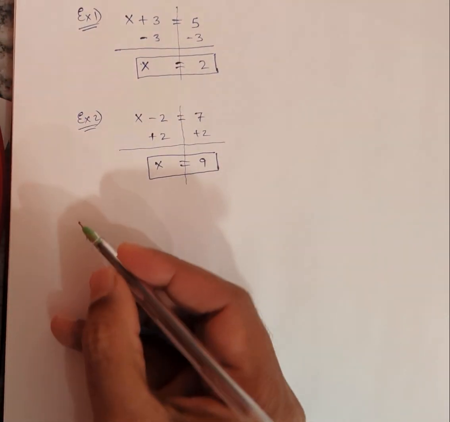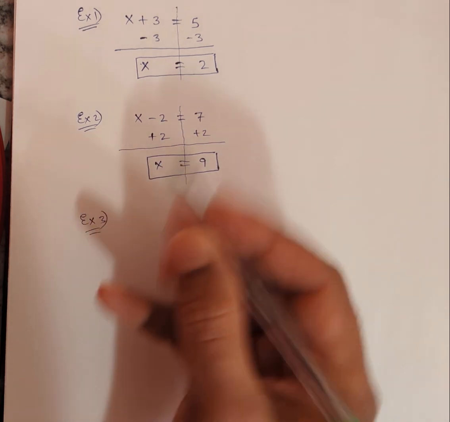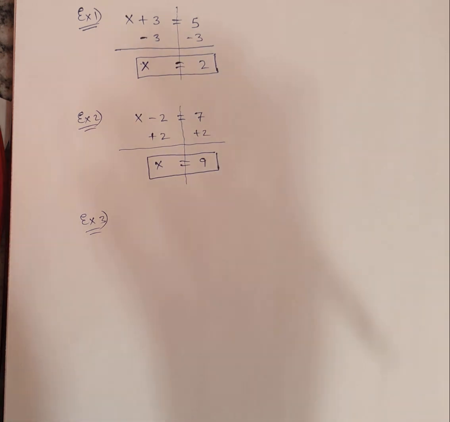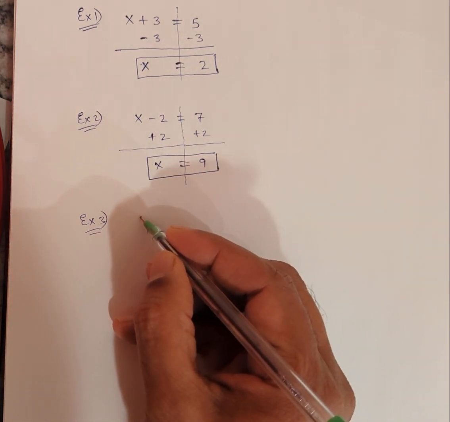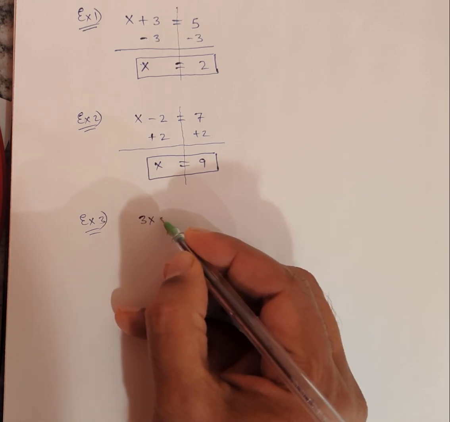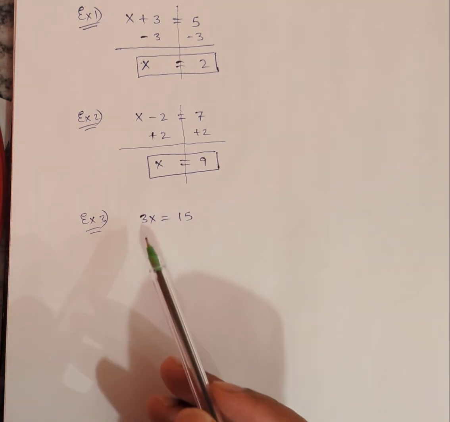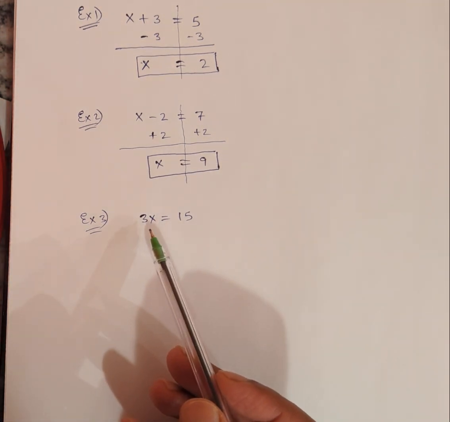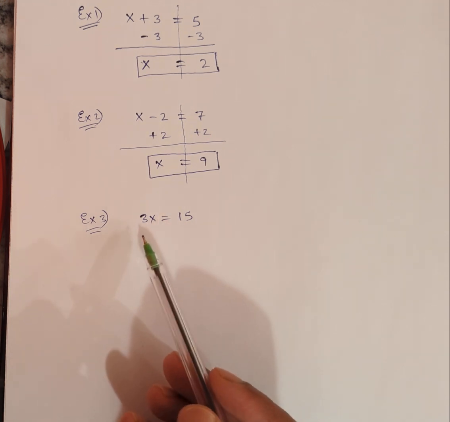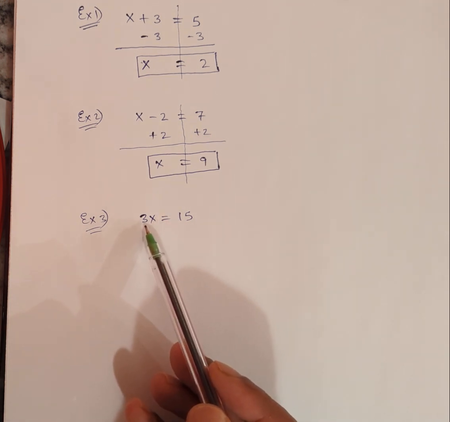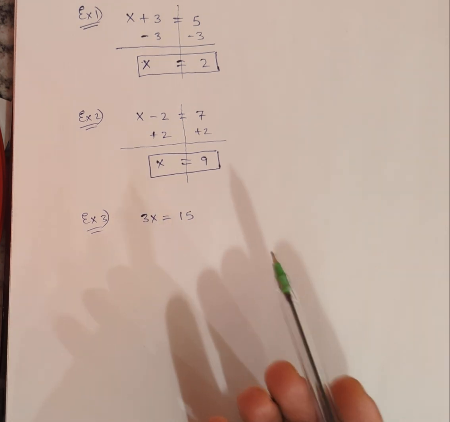Now let's look at this third example where it's not addition or subtraction. You could have multiplication. So say I have 3x is equal to 15. Now I only have one term, 3x, but I still need to get rid of the 3 if I want to solve for x. Now notice, if you don't see any sign in between the 3 and x, they are multiplied together.